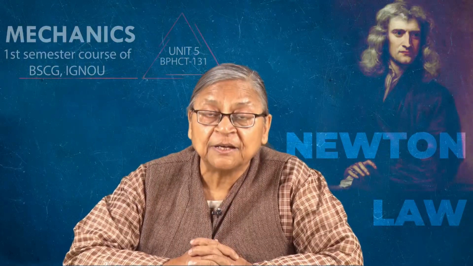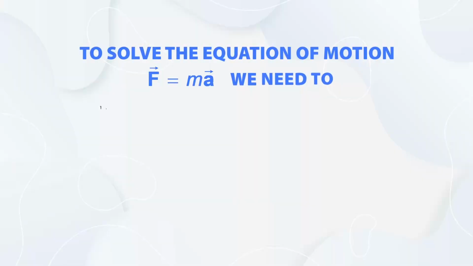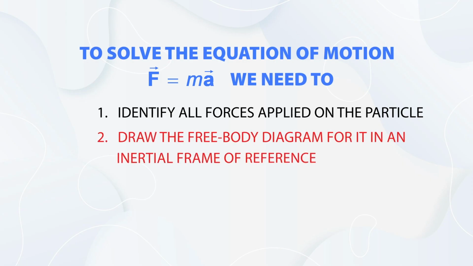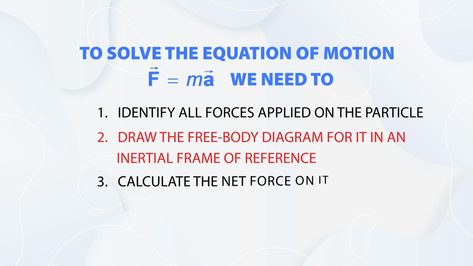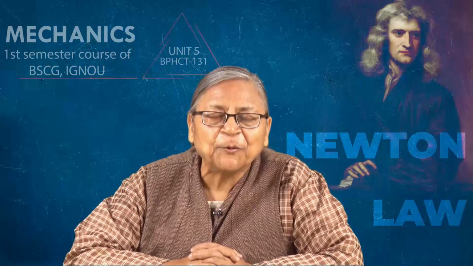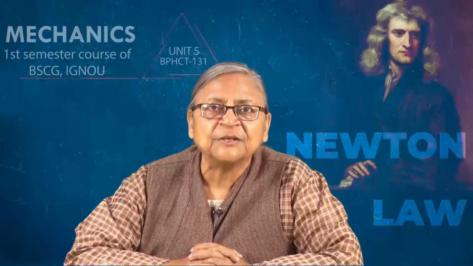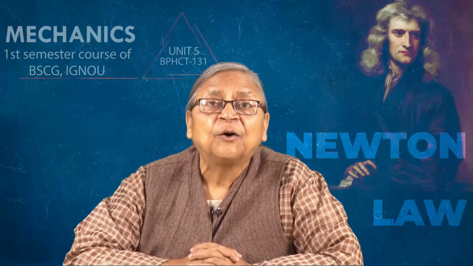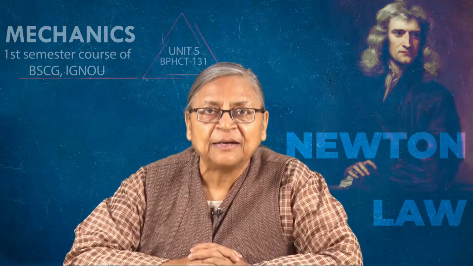You have to, as I have told you earlier on in the program, identify all forces applied on the particle, draw the free body diagram for it in an inertial frame of reference, calculate the net force on it. And this is explained very well in the text box on page 36 of section 6.3 of unit 6. This is what I am going to take up in my next session on unit 6 on applying Newton's laws of motion to the motion of particles.